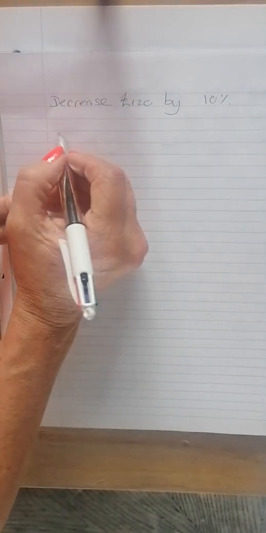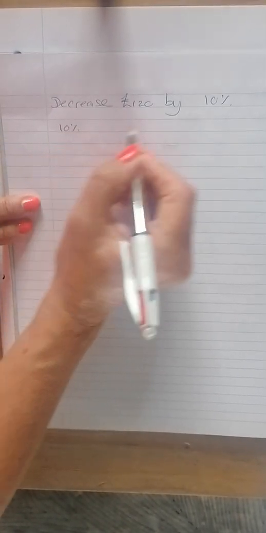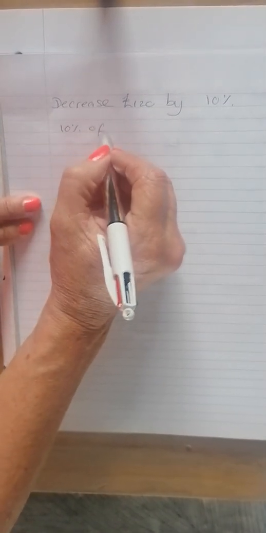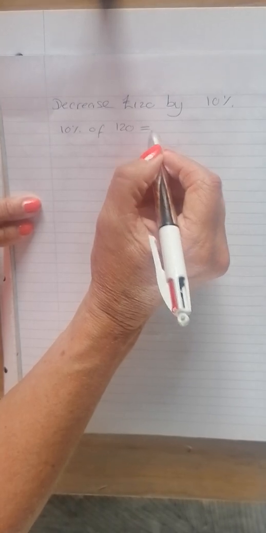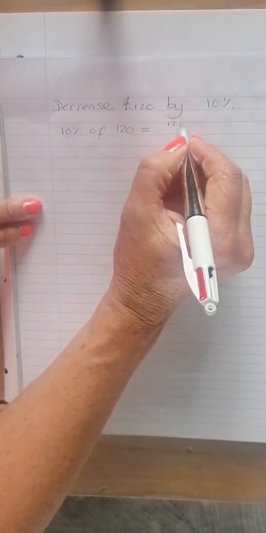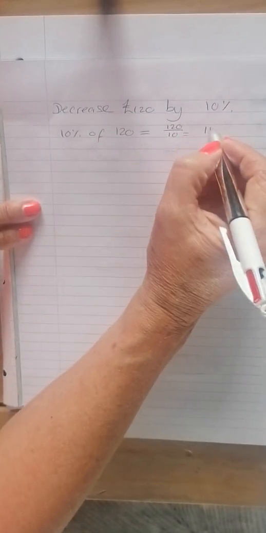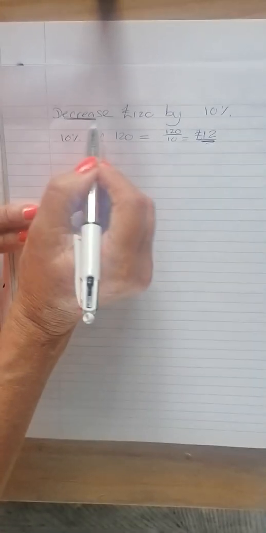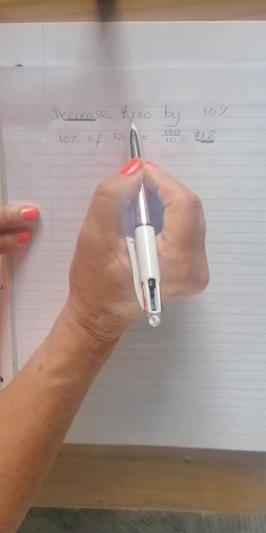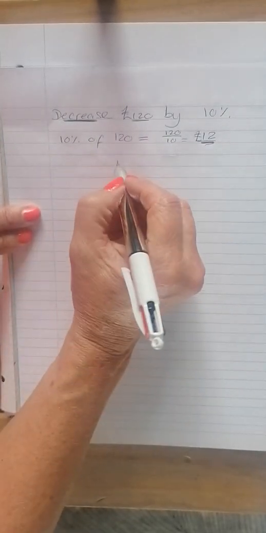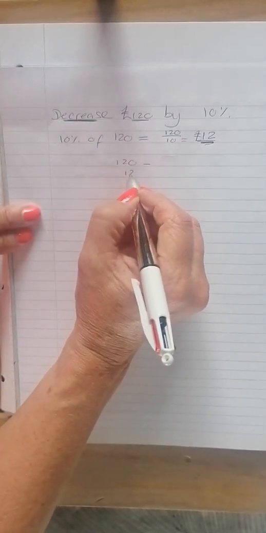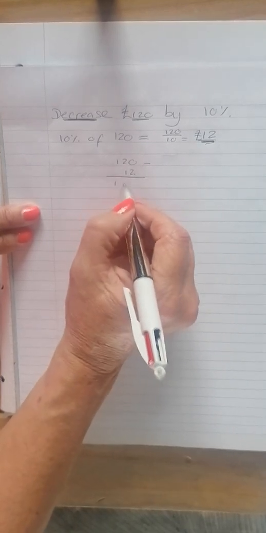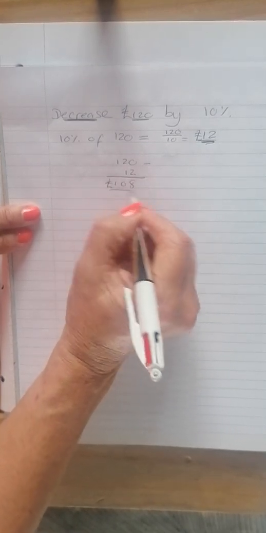So first of all, step one, find that percentage, 10% of 120. So all you do is divide by 10 to get 10%. So I know that's the amount, £12, but decrease means the amount's going to get smaller. So I've got to take £12 off 120. So 120, subtract that 12, it's going to be £108.